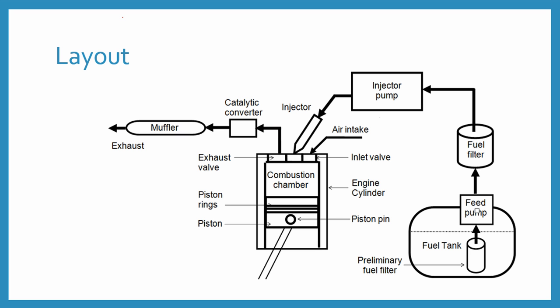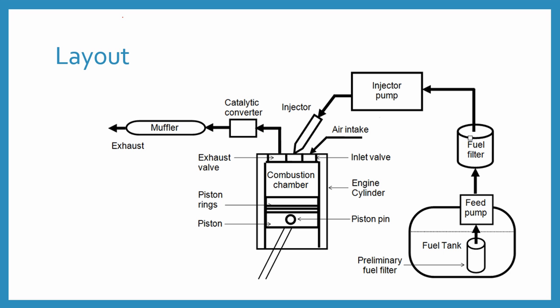The feed pump sucks the oil from the fuel tank and then passes it to the fuel filter. When it comes from the fuel tank, there is a primary fuel filter available, and the fuel passes through it.